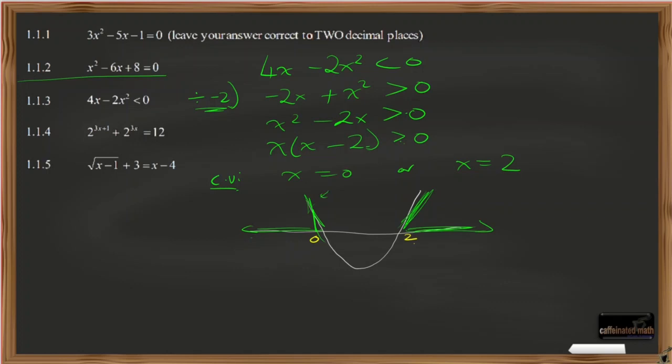So that's where the shadows go, which means we are looking for x values less than 0 or x values greater than 2. So remember, this is only an indication of top or bottom, above the x-axis or below. Where the shadows fall dictates the solution.